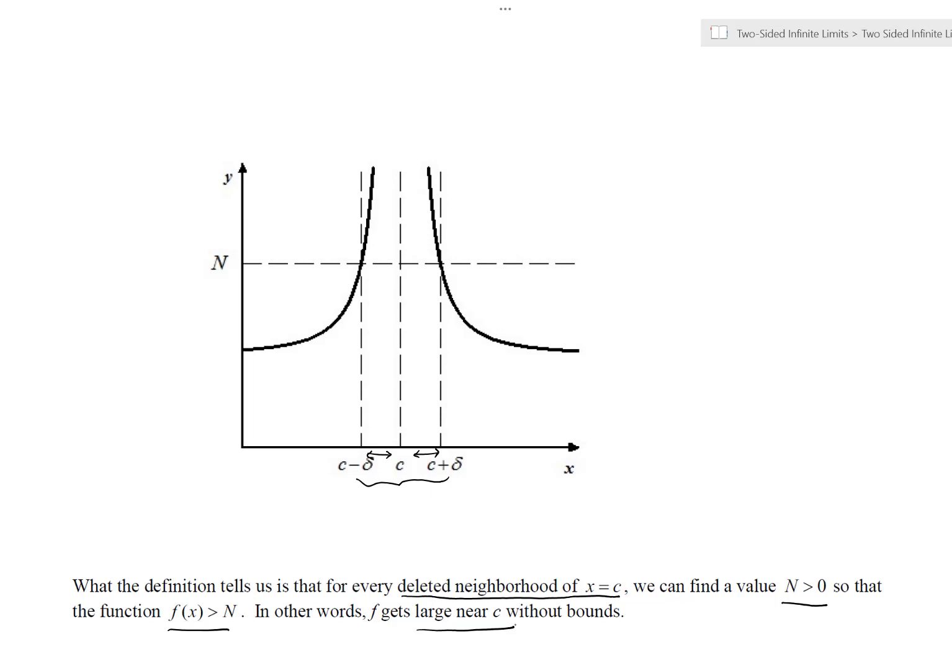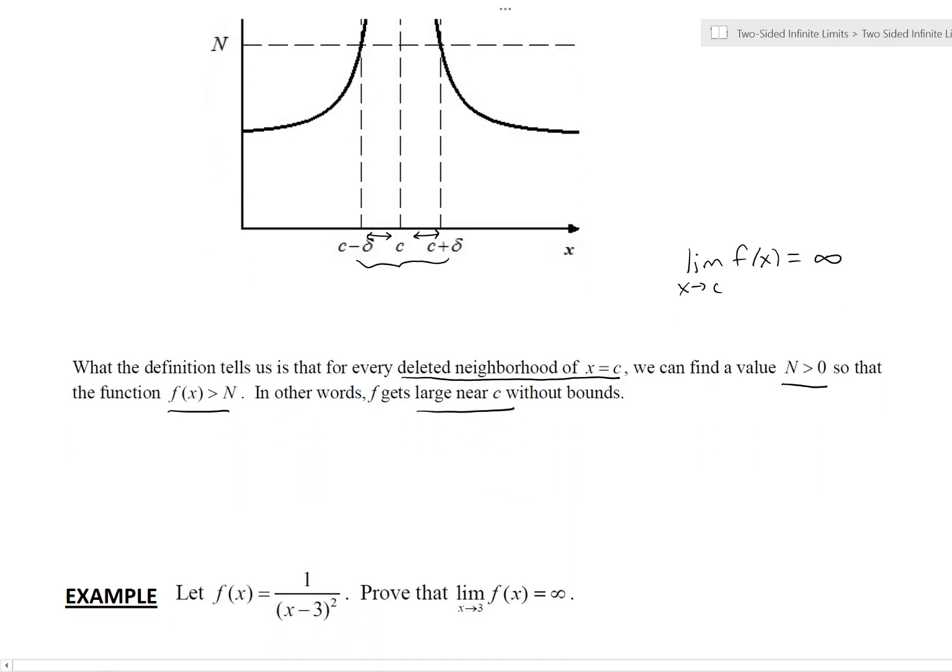Then, if all of this is true, we would write the limit as x goes to c of f of x is infinity. We'll take a look at an example here. We would like to prove something right here. We're going to take a look at this function: f of x is 1 divided by the quantity x minus 3 squared.